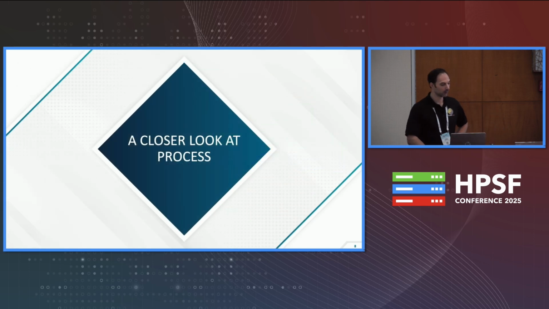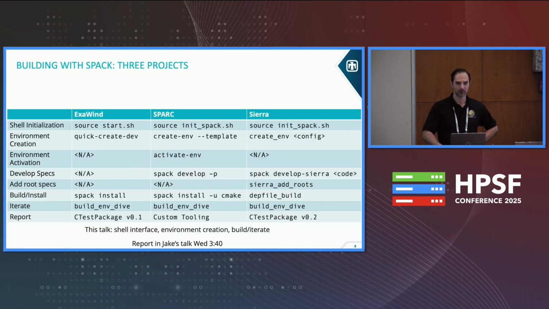So let's take a closer look at that process. And I'm going to apologize in advance for the next slide, because it is a graph vomit. But I wanted to illustrate this because when we look at these projects, in many ways, they are essentially all doing the same thing with different names.